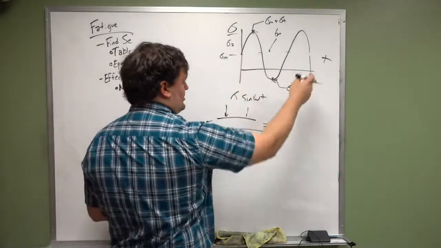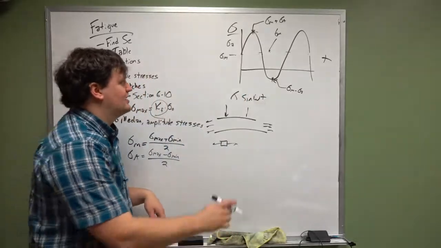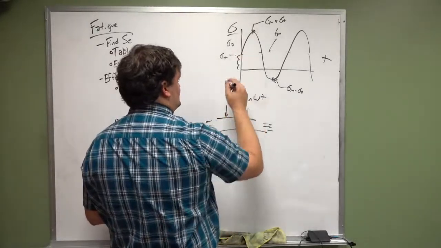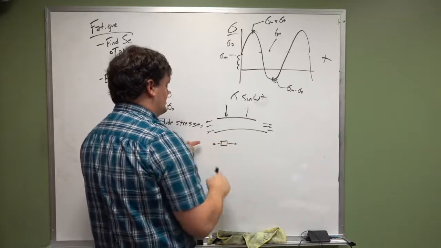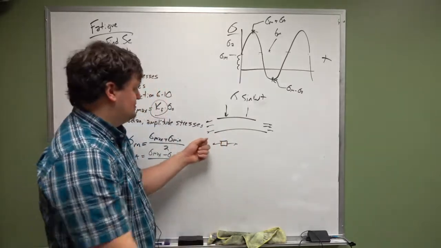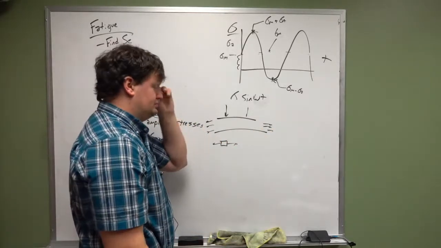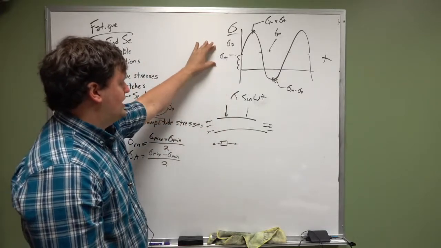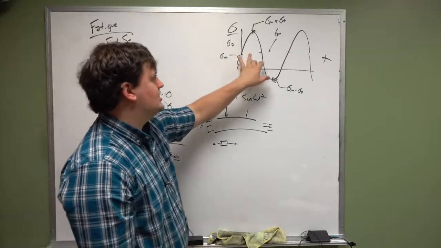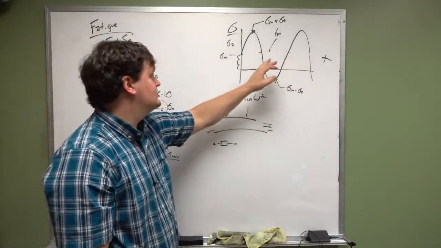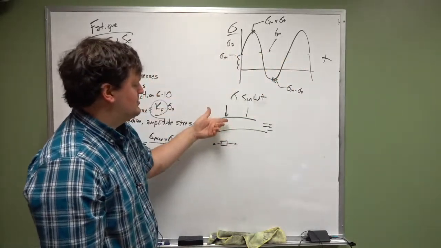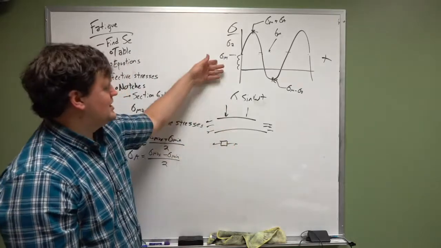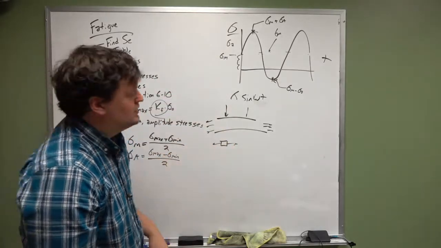You would end up with a cycle that looks like that, where it's offset. Sigma M ends up being whatever your tensile stress is based on the pull. With this, you would get a graph that looks like this, and your sigma amplitude would end up being your bending stresses, and your sigma M would end up being your tensile stresses.